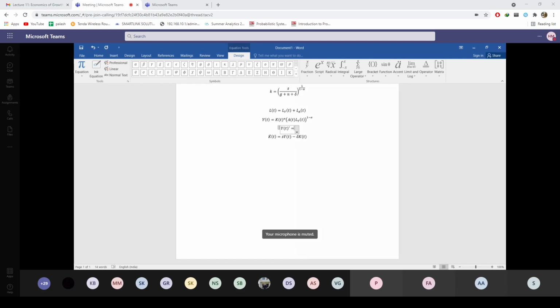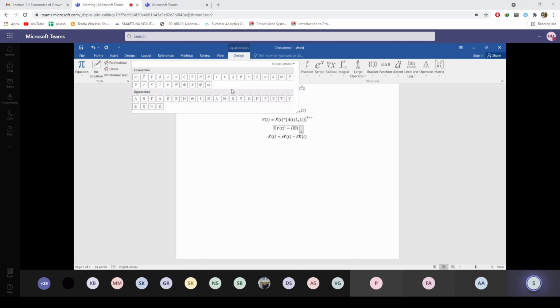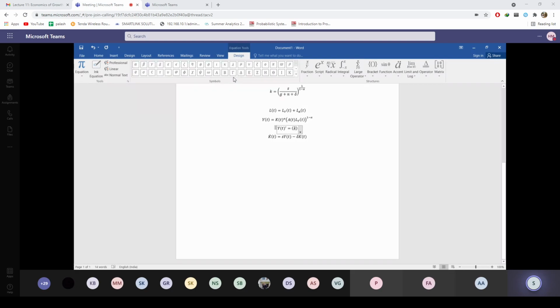Equals lambda KT to the power alpha. Let me write it in the bracket. I am actually changing everything in the proportion of lambda, lambda greater than 0. So where is lambda here? Lambda KT to the power alpha. Very good.